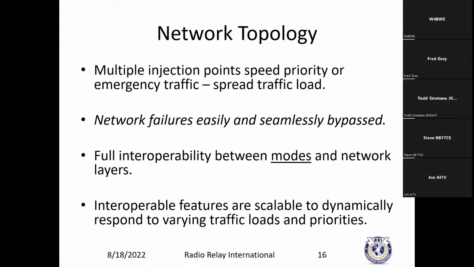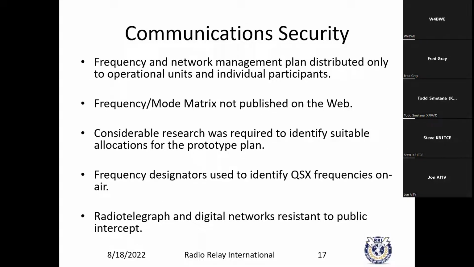Okay, so we're going to take a look at some of the other issues. Obviously, we need to have a plan, so we developed the prototype national response plan. Then, in response to the simulated disaster, we developed a frequency and network management plan that we distributed to operational units and individual participants in the disaster area.